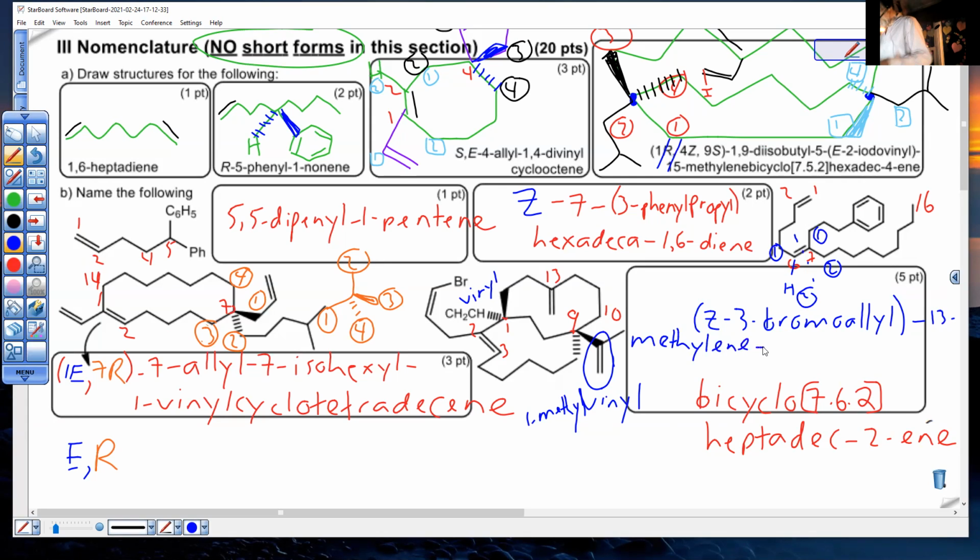Then the other one that's meth. Methyl vinyl. Carbon 9 has a 1-methyl vinyl group. And there's a straight up vinyl on 1. And I believe that's all the groups.